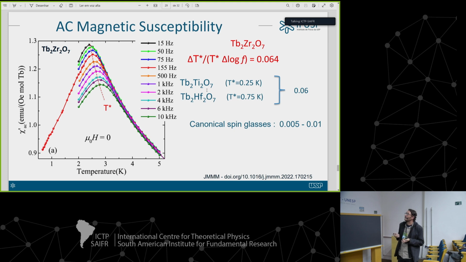Again, this does not match very well what's expected for a canonical spin glass, which would be a much smaller dependence of the peak temperature on the frequency. It's in this range here. So it's a kind of glassy characteristic, but not a real canonical spin glass.